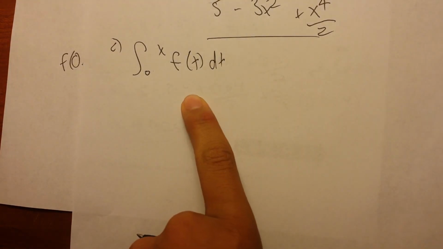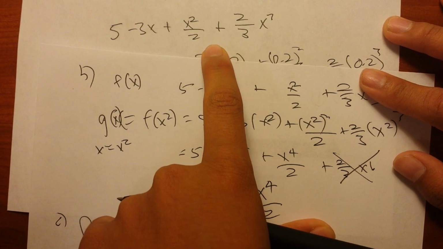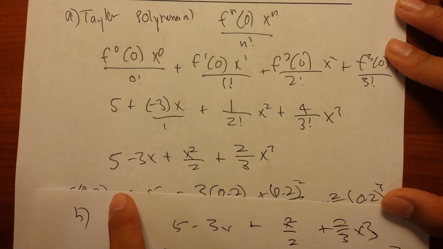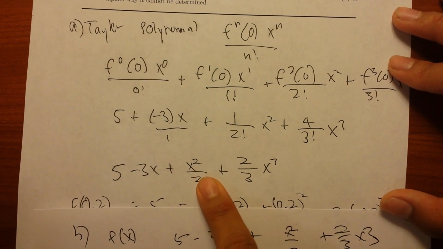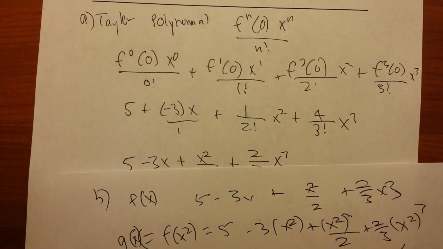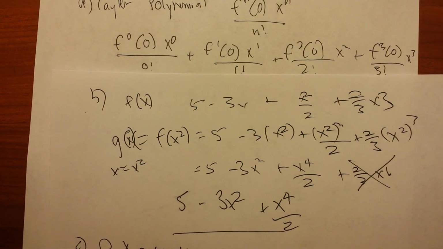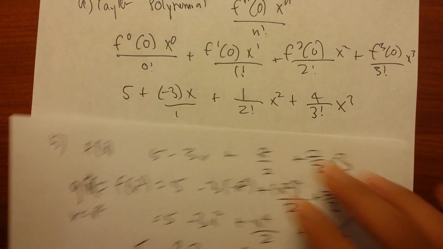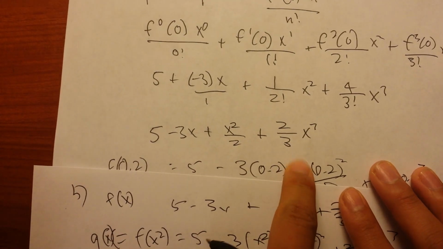Now, we know that our polynomial here, 5 minus 3x plus x squared over 2 plus 2/3 x cubed, is our Taylor polynomial, but it's asking for a third degree Taylor polynomial, and whenever you integrate something, the degree goes up. So technically we only need these three terms. We don't need this term because that would give us a fourth degree.